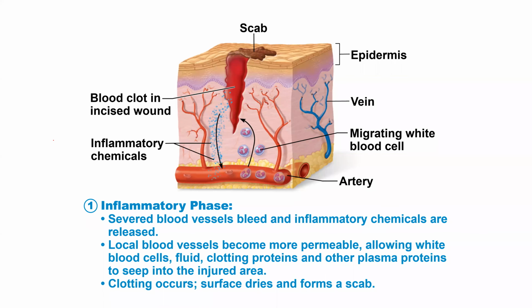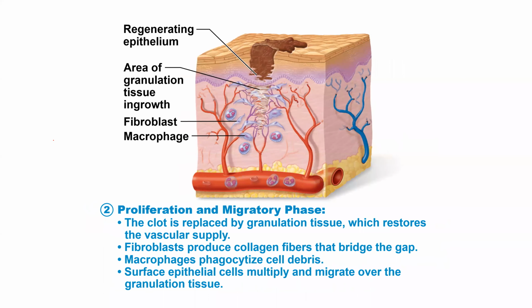Now, what happens next? Well, next we have our proliferation and migratory phase. Right, so the clot is replaced. So we already have this migration of white blood cells, and we start seeing migration of cells called fibroblasts.